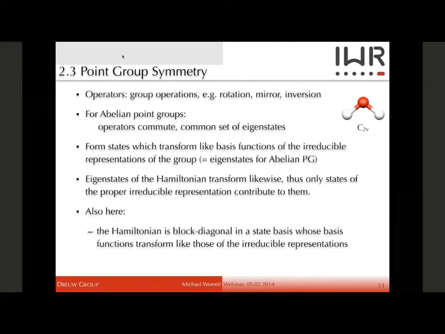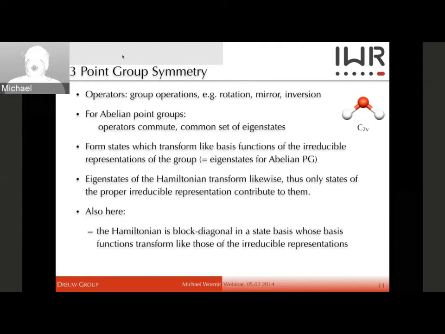If you don't have abelian point groups, sorry, then you would have to form states or basis functions which transform like the basis functions of the irreducible representations of the group. In the case of the abelian point groups, these are just the eigenstates, but for non-abelian ones, you would have to construct these states which transform accordingly. So what would these states be?